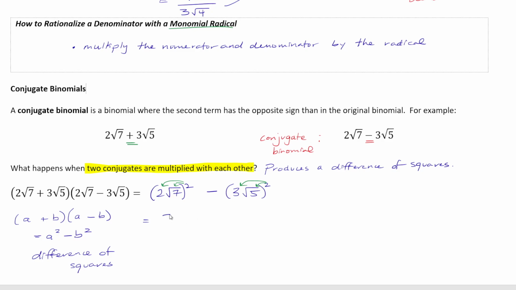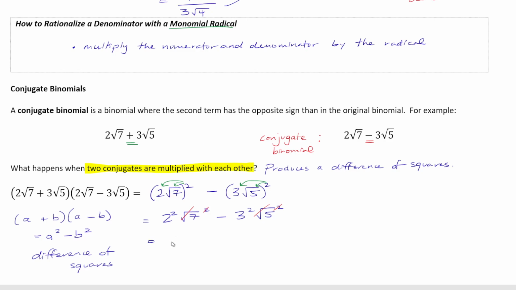So this would be (2√7)² minus (3√5)². You don't have to have the brackets here, I can actually get rid of these. Now, the squared and the square root will cancel because they're opposite operations. Squaring and square rooting is just the opposite.